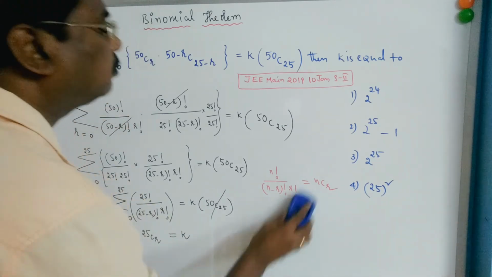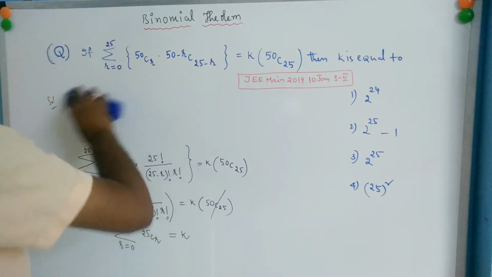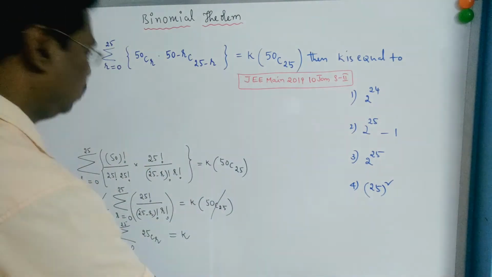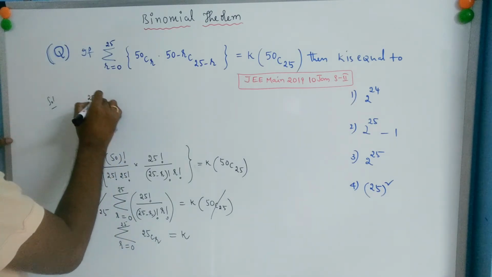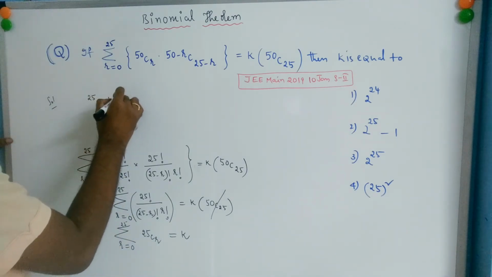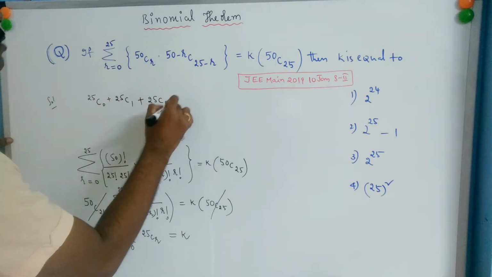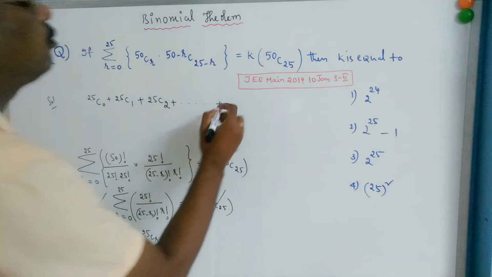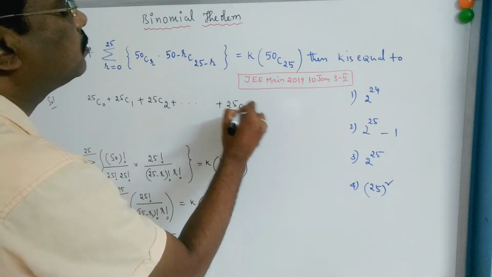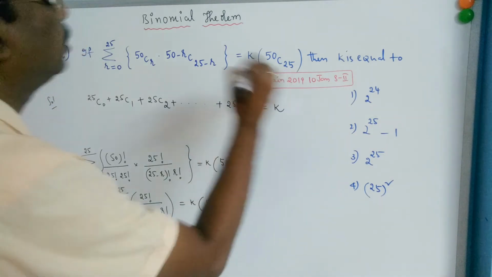Now 25C0, 25C1, 25C2 plus up to so on 25C25 is equal to k.